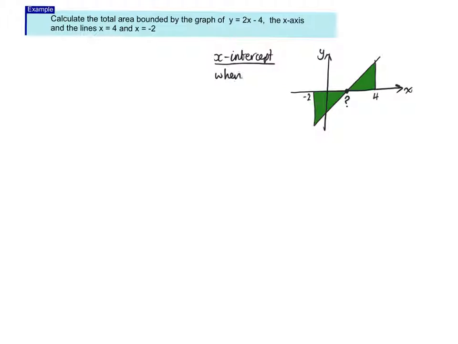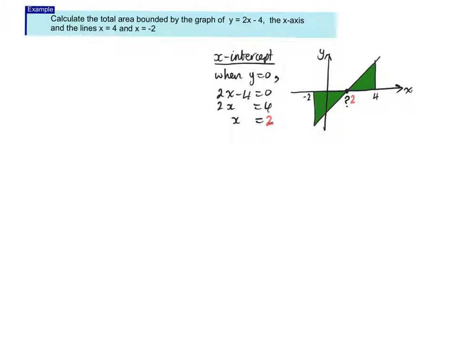And of course we just set y equal to 0, just like finding a root. So we are solving the equation 2x minus 4 equals 0. So we get x equals 2. So now we figured out it's 2 at that point there.